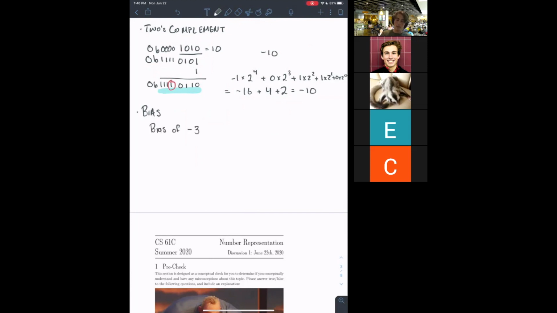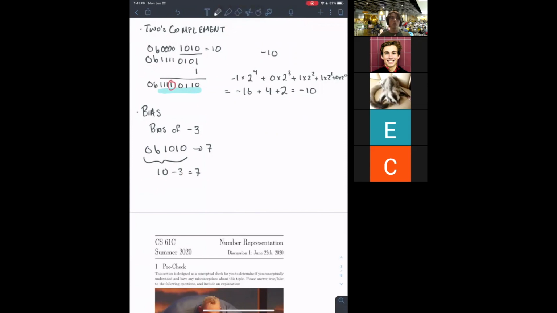In that case, 1010 is interpreted as 7, because what we do is convert this to 10 and then apply the bias of -3, and end up with 7. I mentioned that because that is another term that will be thrown around on the worksheet.